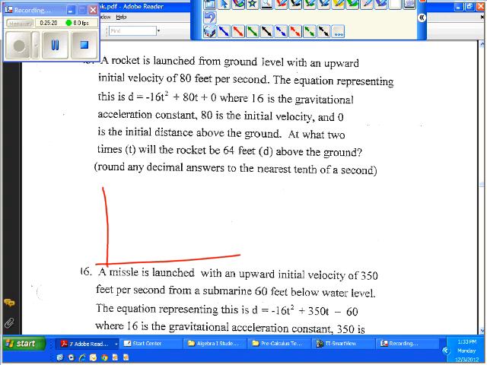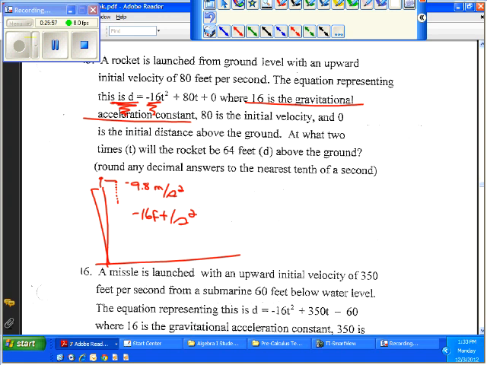If you dropped an object off the top of a building, then 9.8 meters per second squared is the gravitational acceleration constant. In feet per second squared, it's negative 16 feet per second squared. So this negative 16 in the formula here is the gravitational acceleration constant. And it's negative because you're losing distance above the ground. This is a formula for distance above the ground, right?